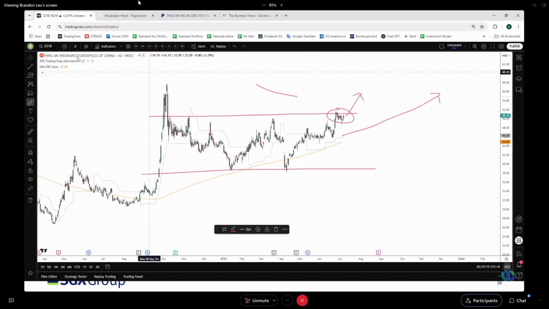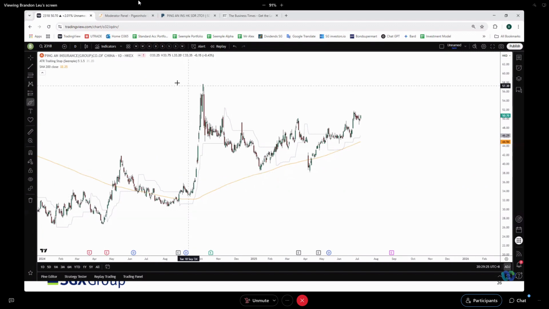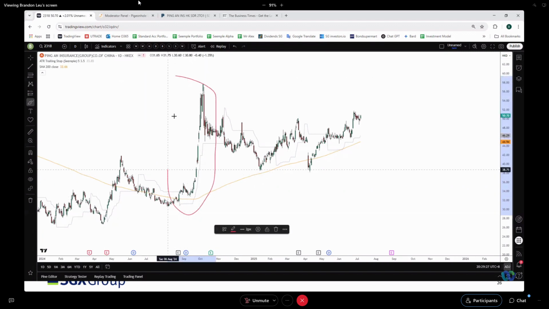So the trade setup would be similar to here, where the price breaks above the ATR upper boundary and continues to trade higher. It may not be so aggressive, it may be gradual, it depends on the demand and supply factors.